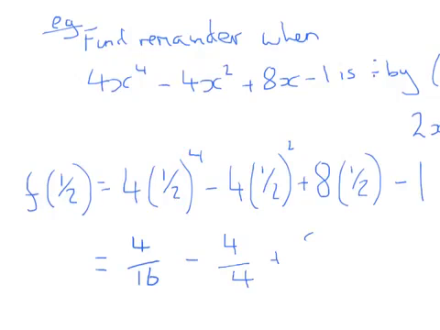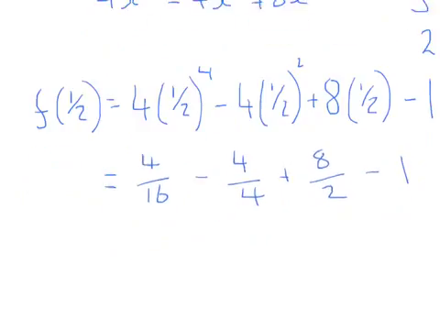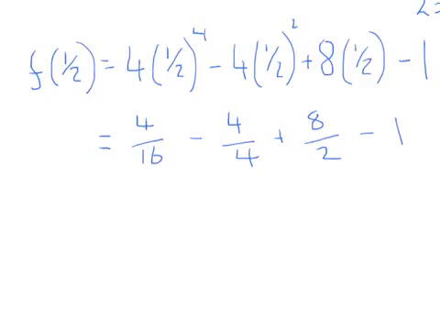Plus 8 lots of a half is just 8 over 2, minus 1. Let's do this one step at a time. So we've got 4 over 16 is a quarter, take away 1, plus 4, take away 1.